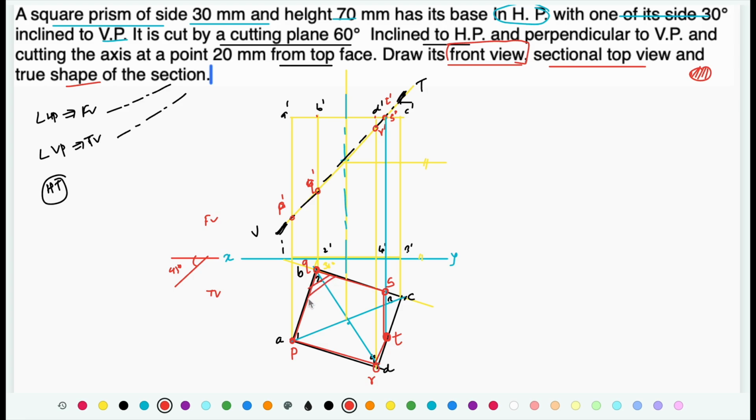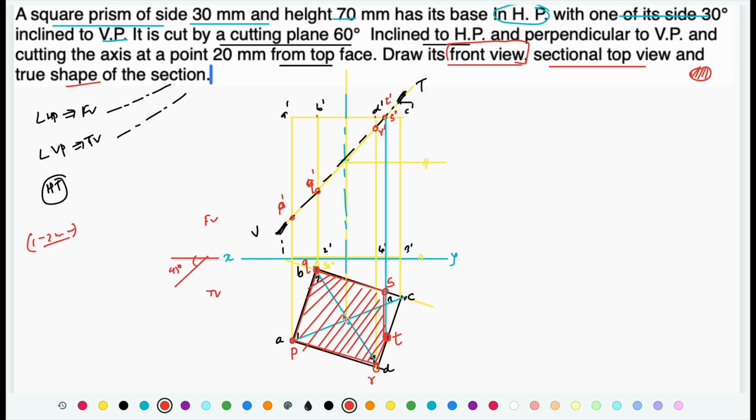You need to draw lines inclined at 45 degrees to XY, and the distance between two lines, you can take any random distance somewhere between 1 to 2 mm, but that has to be uniform from one end to the other end.